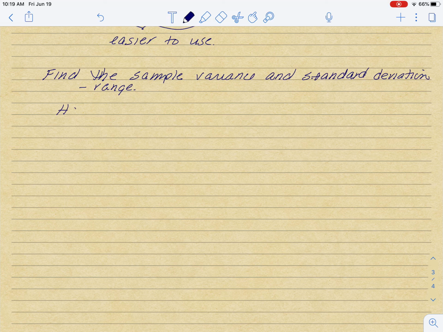So hardcover bestsellers. So number of weeks on the New York Times bestseller list.